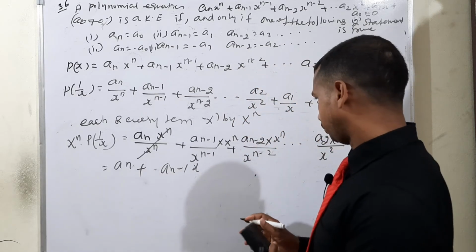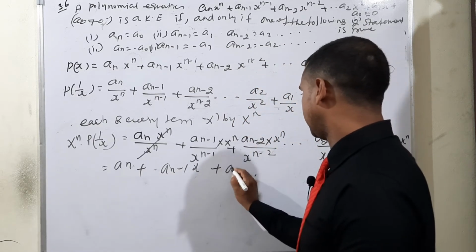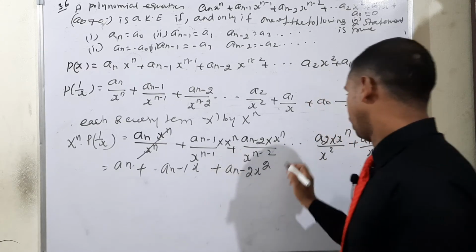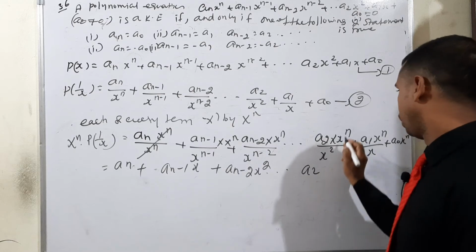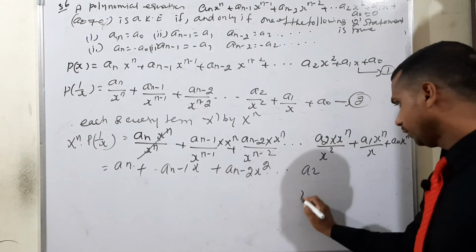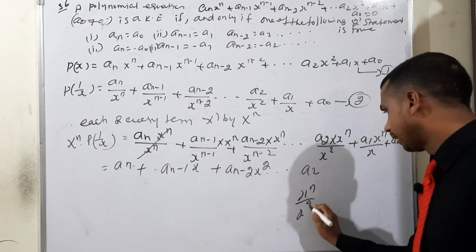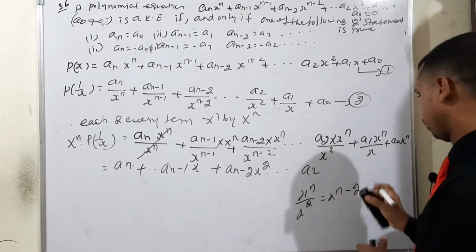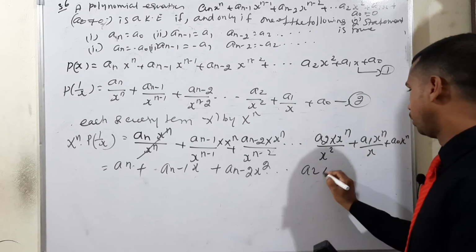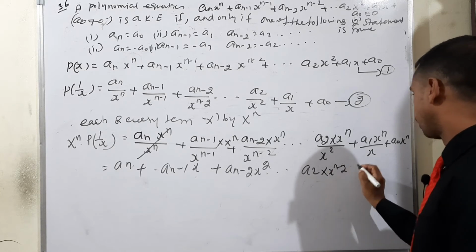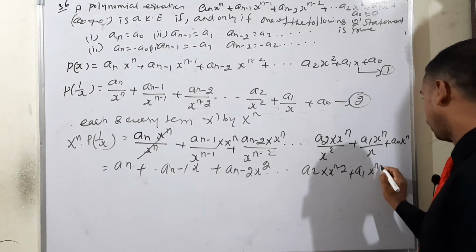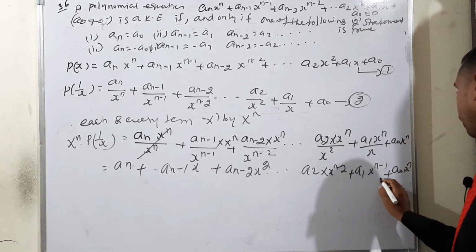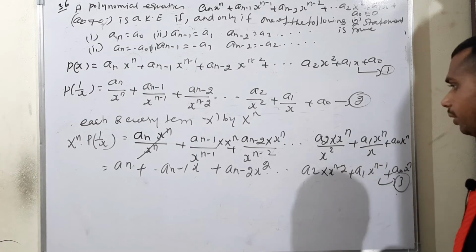Next, plus an minus 2 into x square will come, dot dot dot. Here a2 into x to the power n divided by x square, so we can write it as x to the power n minus 2. So there a2 into x to the power n minus 2 plus a1 into x to the power n minus 1. The last condition as it is, a0 x to the power n. This is considered equation number 3.